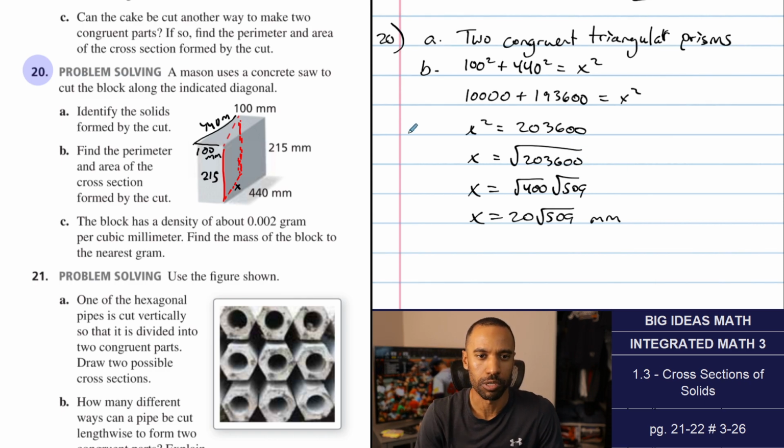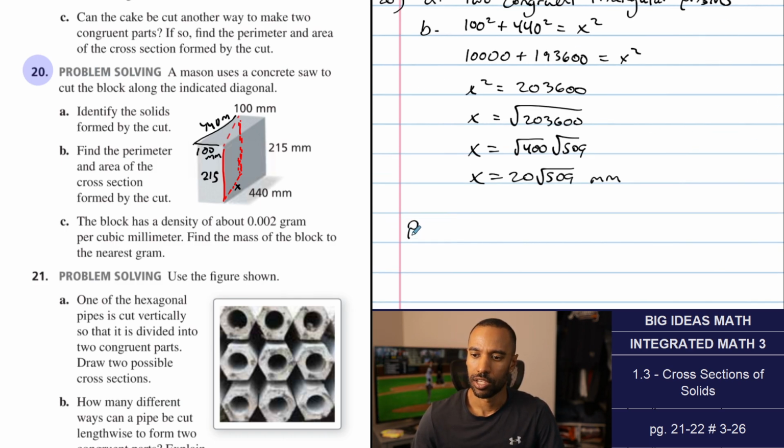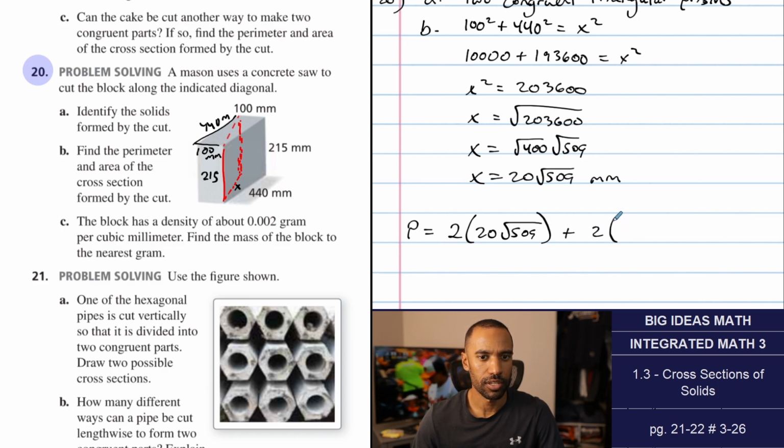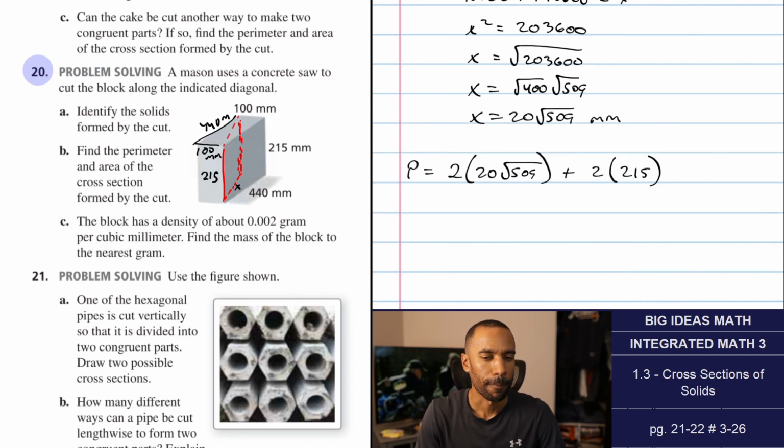I'll be rounding ultimately when they ask me to. But here's the thing: we need area and perimeter. Perimeter is going to be two of those X's plus two of the other number, two 215s. So let's work that out.